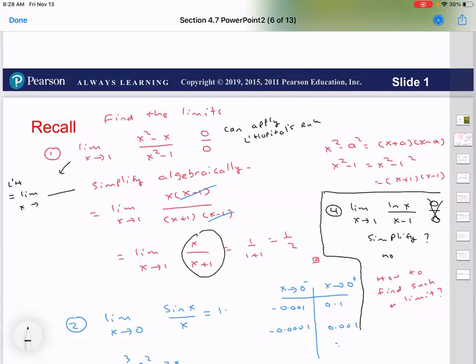In the top, what do you have? The derivative of x squared minus x is 2x minus 1.